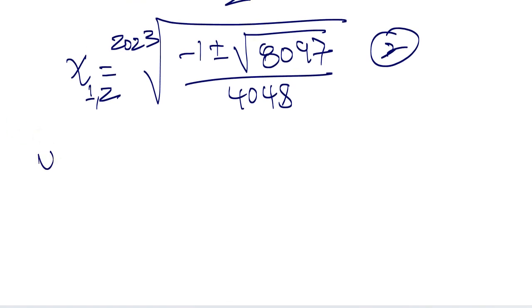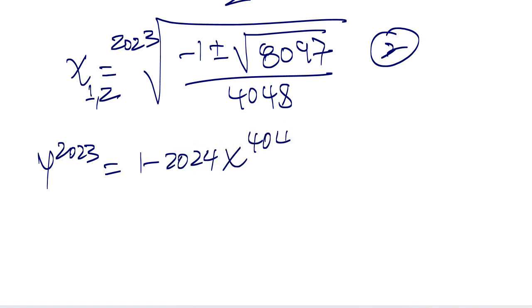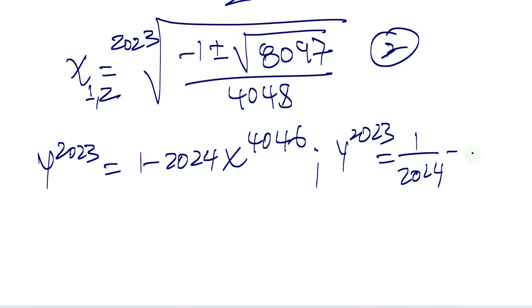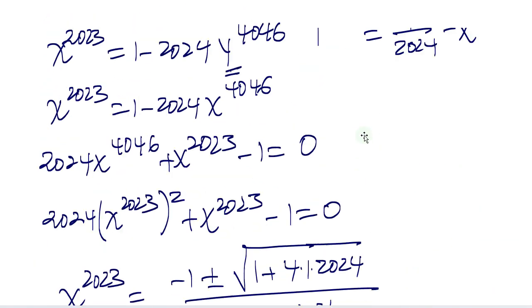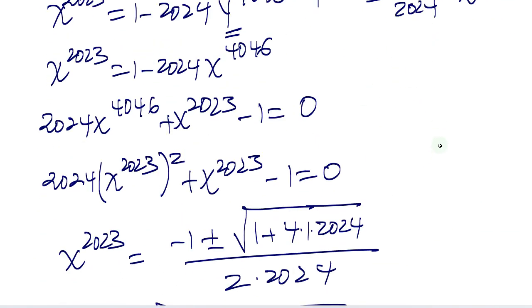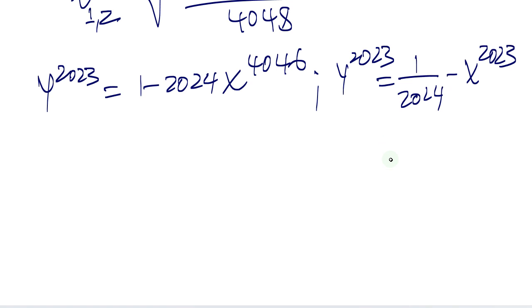So we have then that y to the 2023 is equals to 1 minus 2024 x to 46, and we said here that y to the 2023 is equals to 1 over 2024 minus x to the 2023, right? The second one here, let me see here, this one here. So now let's write this, substitute this here.